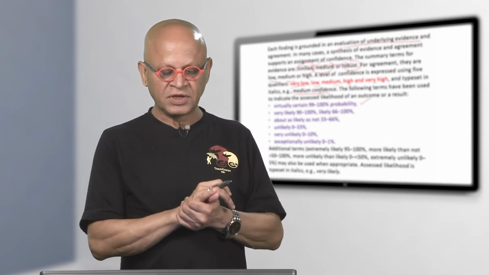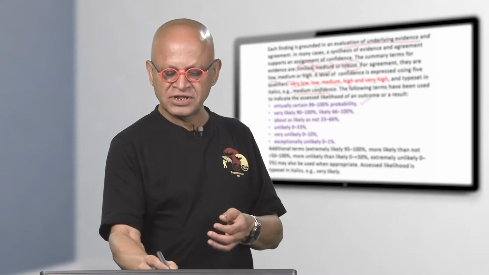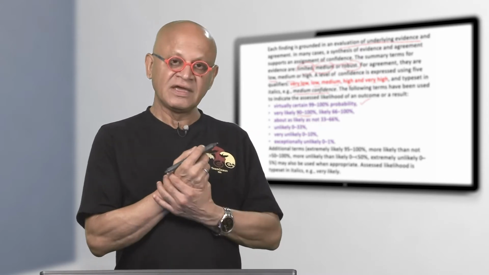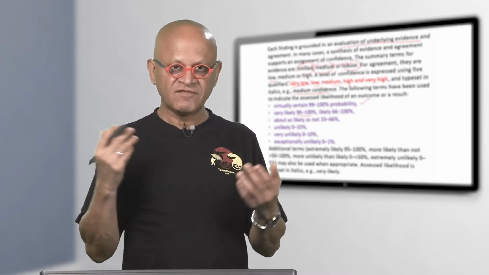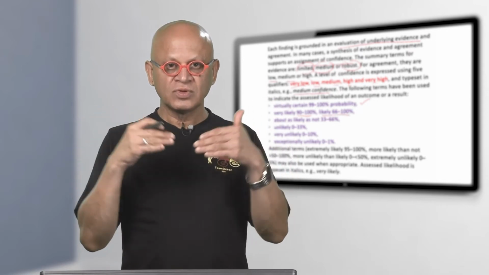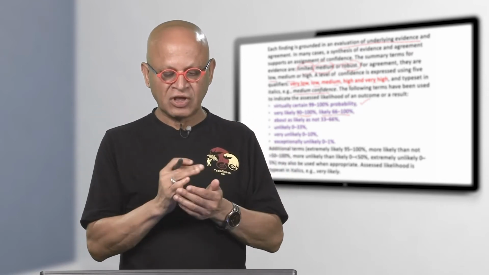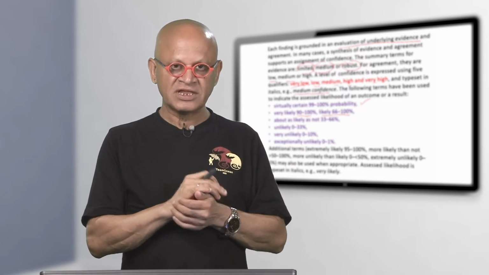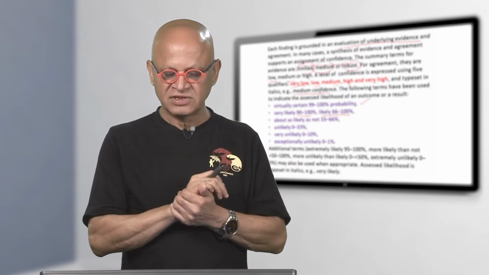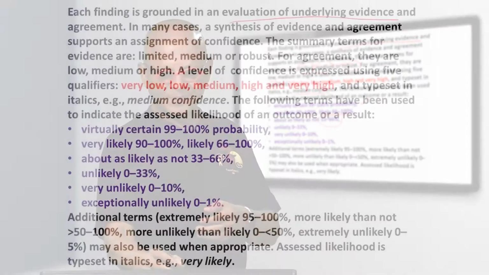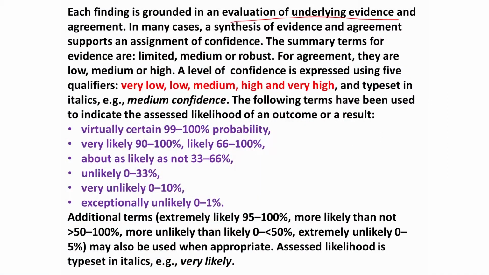IPCC processes, where each finding is grounded in an evaluation of underlying evidence and agreement of different evidences, how well they agree with each other and how they differ from place to place or different kinds of evidences, and so on and so forth. In many cases, a synthesis of evidence and agreement supports an assignment of confidence.